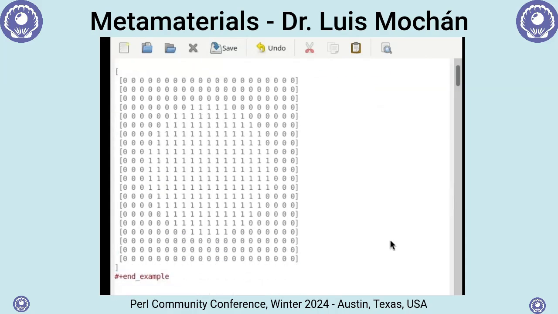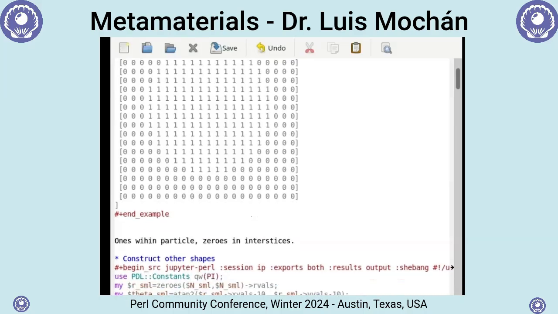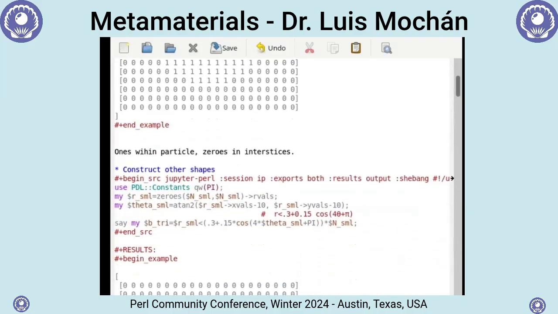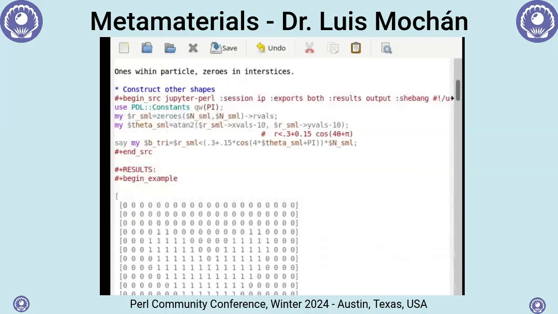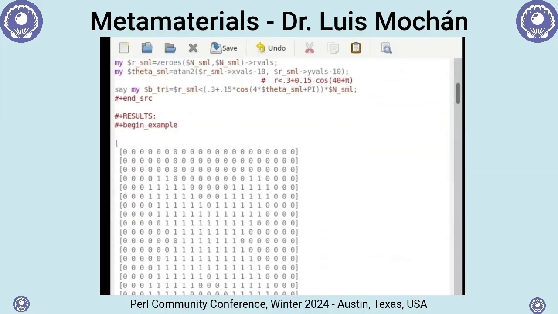One can use more complex functions. For example, here I use the arc tangent of some angle that is related to the x and y coordinates for the same array. And if I run this small code fragment here, then I produce something that looks like a cross instead of a circle.